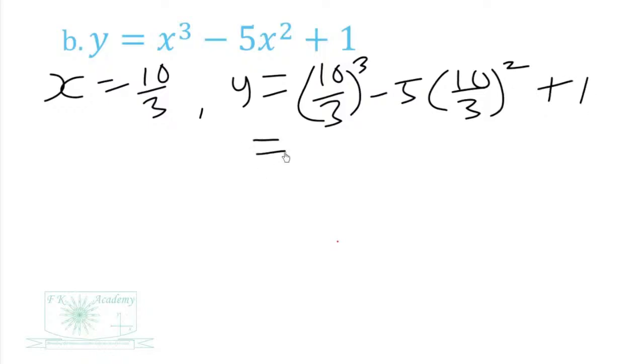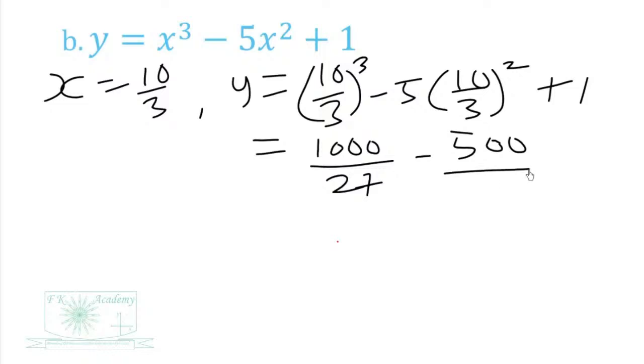So this will give us, we cube the 10 and the 3 to get 1000 over 27 minus 5. 10 squared is 100 times 5, that will be 500 over 3 squared is 9, plus 1.